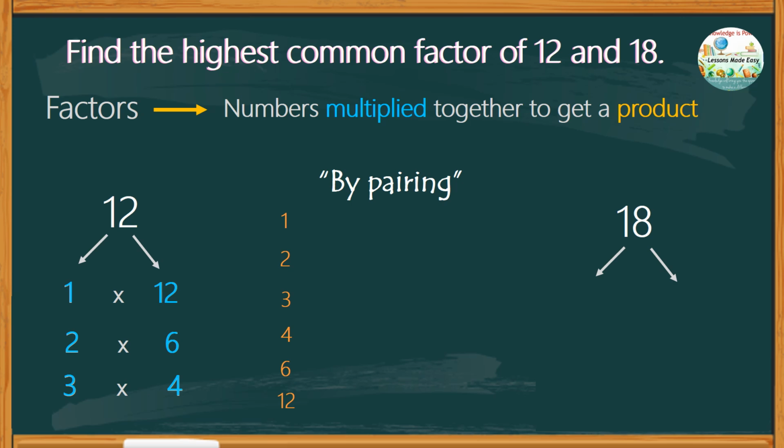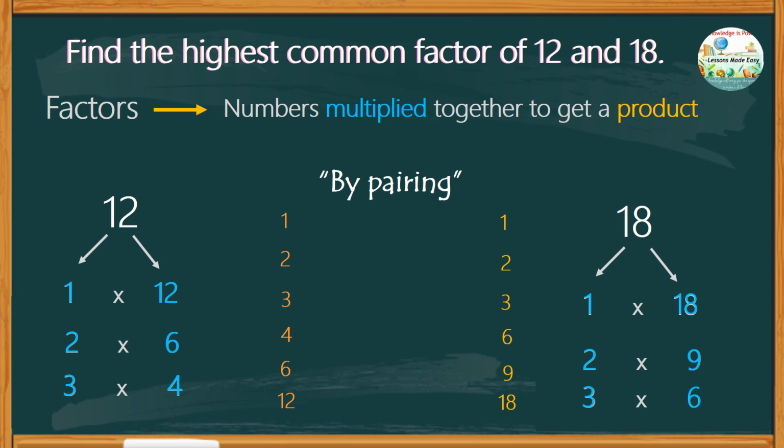Let's find the pairs of numbers multiplied together to give us a product of 18. We have 1 times 18 or 18 times 1, 2 times 9 or 9 times 2, and 3 times 6 or 6 times 3. So these are the factors of 18. We have 1, 2, 3, 6, 9, and 18 itself.